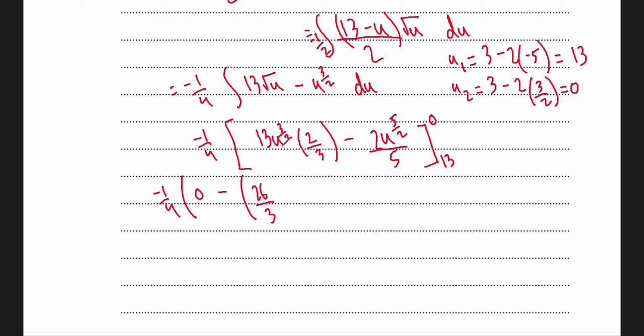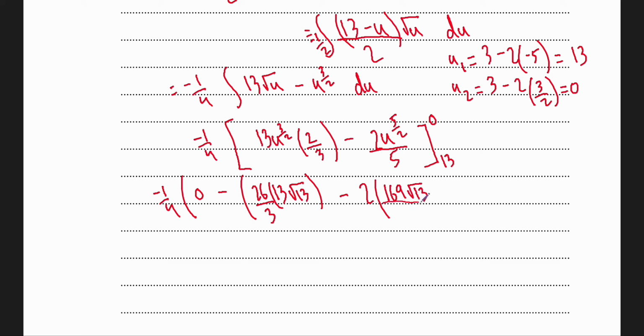times 13 root 13. So this becomes 13 square root 13. Minus 2 times 13 to the power of 5 over 2, I'll tell you right now, is equal to 13 squared times root 13, which is equal to 169 times root 13. You can put this in the calculator if you want, you will see it's the exact same thing.